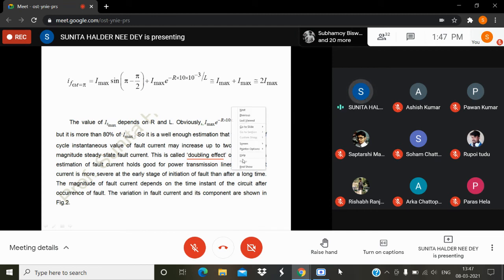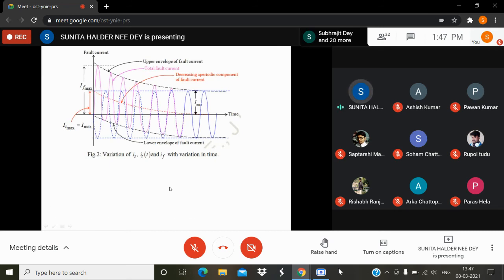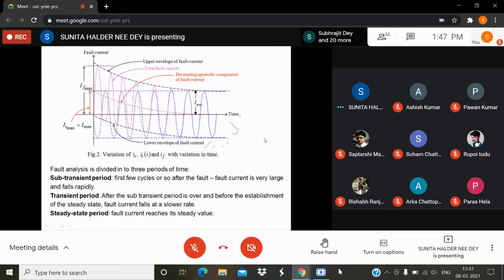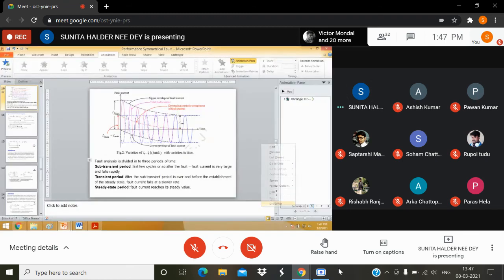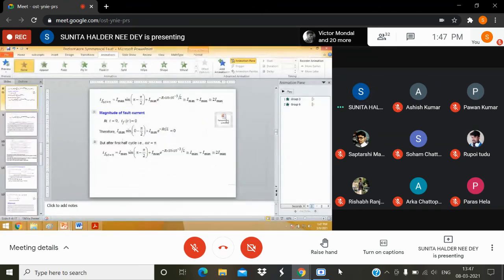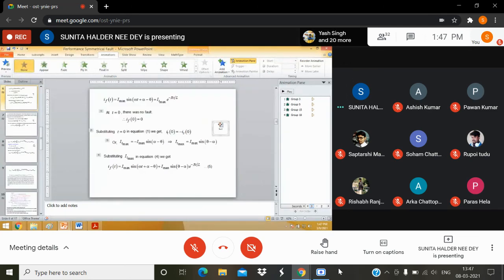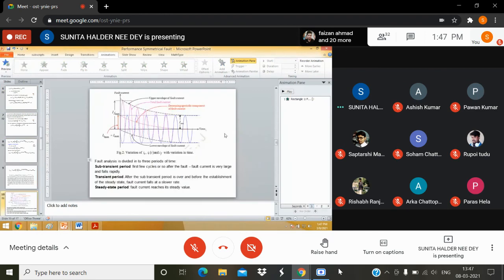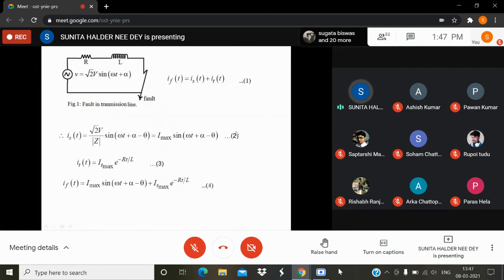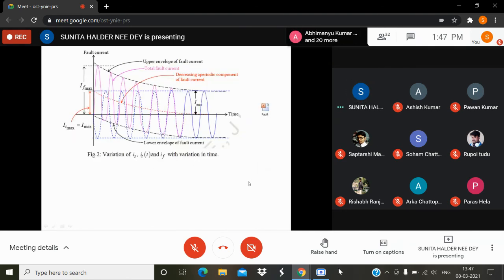Now, if we want to plot the current, how will you see? So you see here, what was our fault current equation? This one, okay.